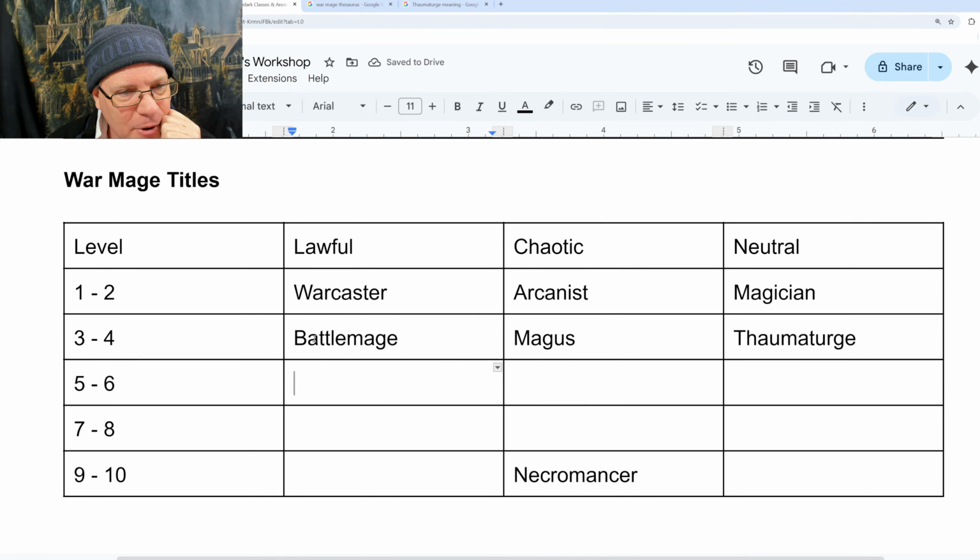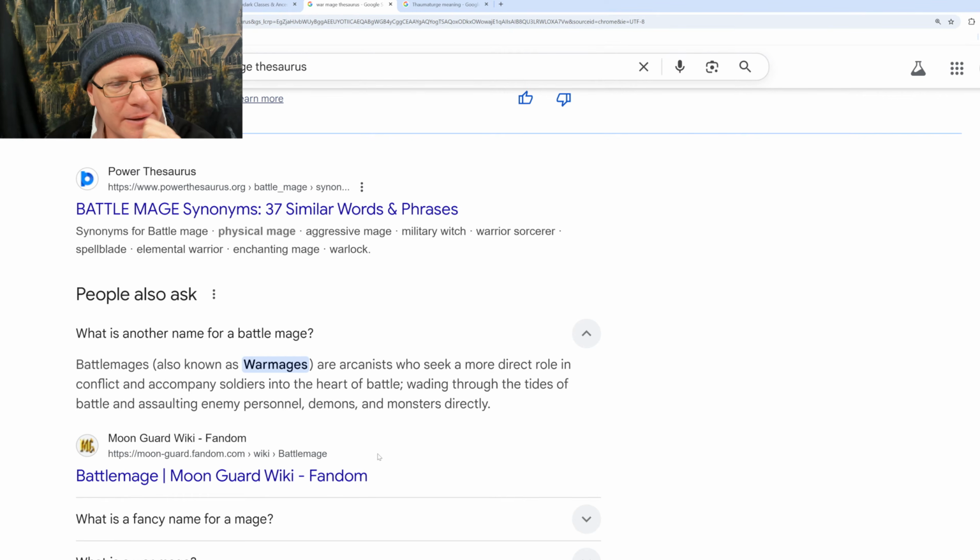We could even transpose battle mage over as the class name rather than war mage if we really wanted to. It's essentially the same sort of thing if you ask me. And then what else do we have here? Aggressive mage, military witch, warrior sorcerer, spellblade, eternal warrior. And okay, so none of those are really working for me.